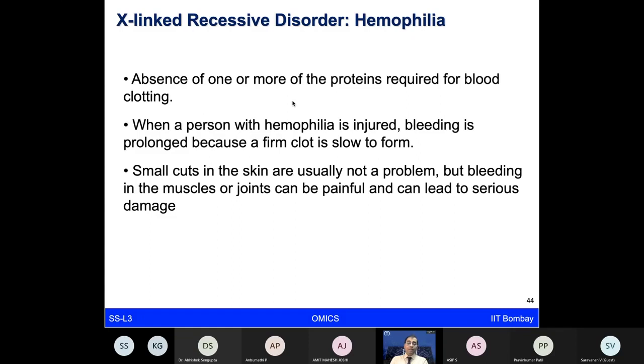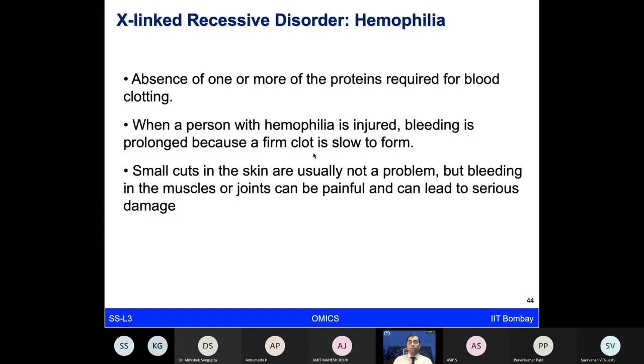Whenever we get an accident and blood is coming out, some proteins and factors are required for the blood to clot, and if those are absent, you will see a lot of blood loss. This is also an X-linked recessive disorder, like what you just saw in color blindness. If that problem is there, individuals take a lot of time to clot, and that could cause excessive bleeding.